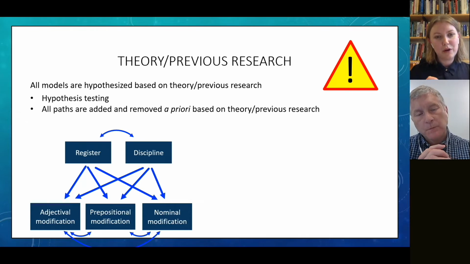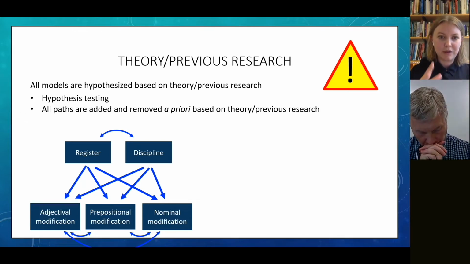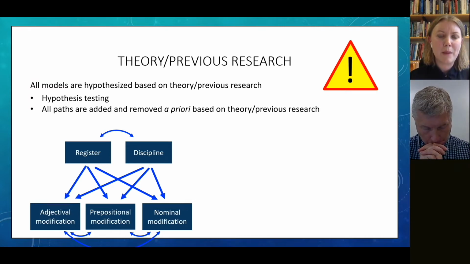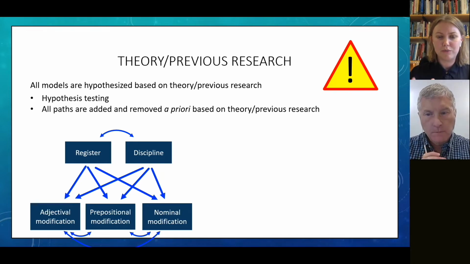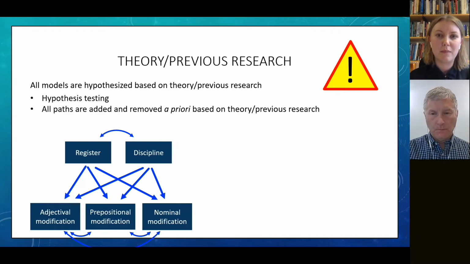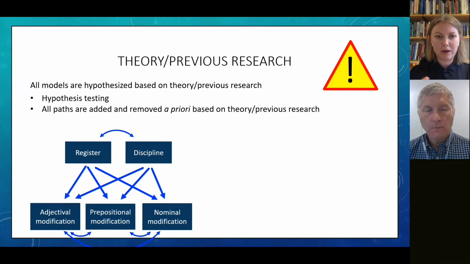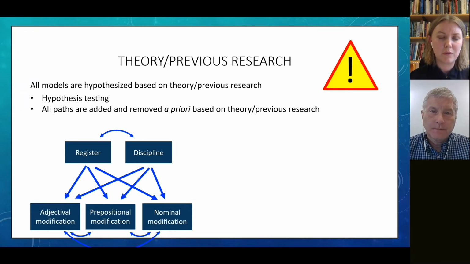So we're going to be using this example with register and discipline quite a bit, so let me just introduce it here. If we have this idea or theory about how register and discipline affect something, in this case complexity features, then we can specify that in our model, and that's what we test.